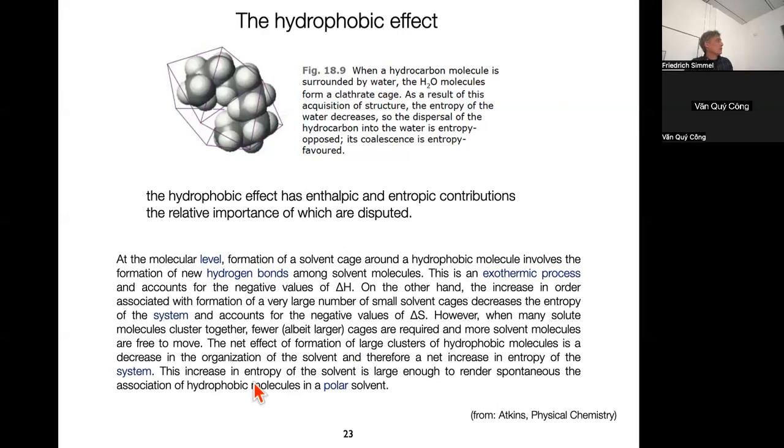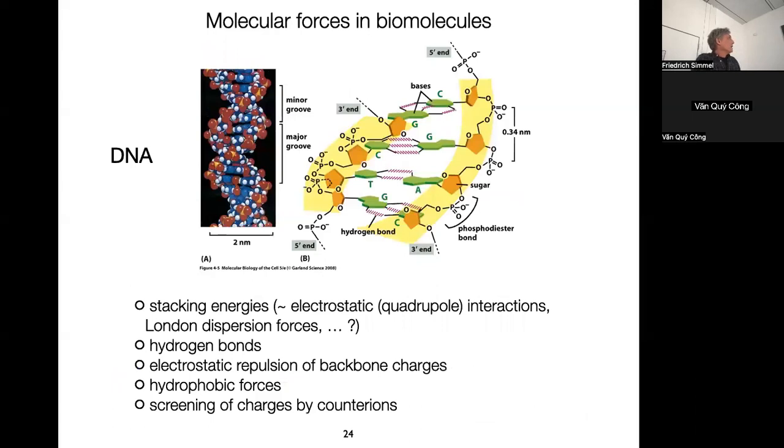And because it's a combination of these things, it's not only a molecular interaction in that sense, because it contains these entropic aspects. And now all these things actually play a role in DNA, and this is why I was talking about this.